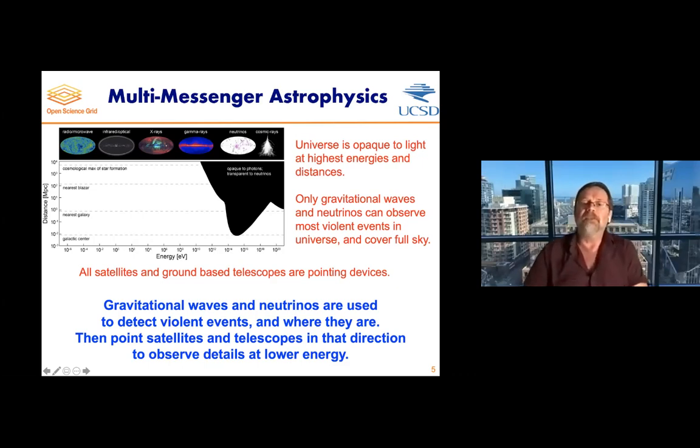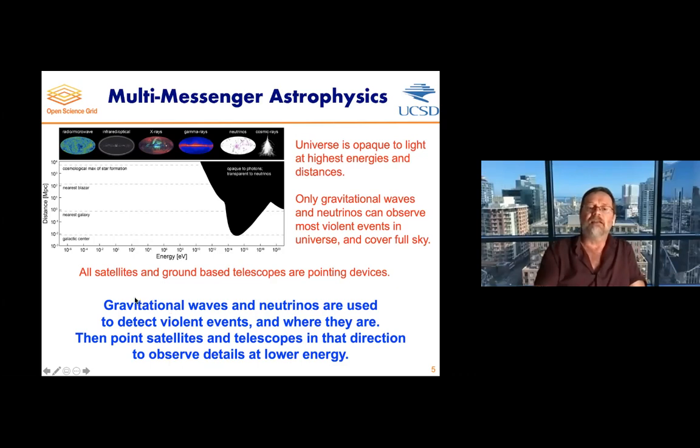And the holy grail of multidimensional astrophysics is to observe the most violent events in the universe and do so by observing either gravitational waves or neutrinos, because the observatories that do so cover the full sky. And once you see something, you immediately analyze where it's coming from.